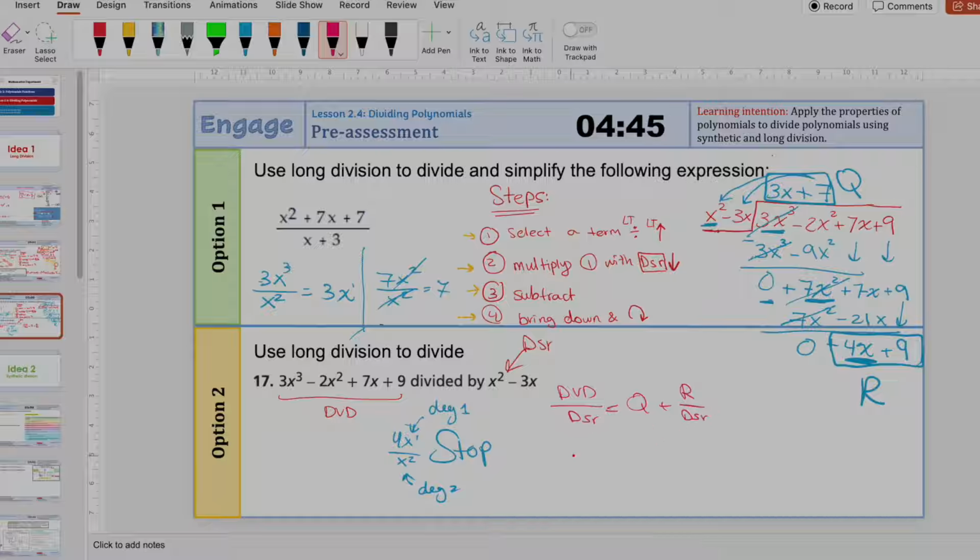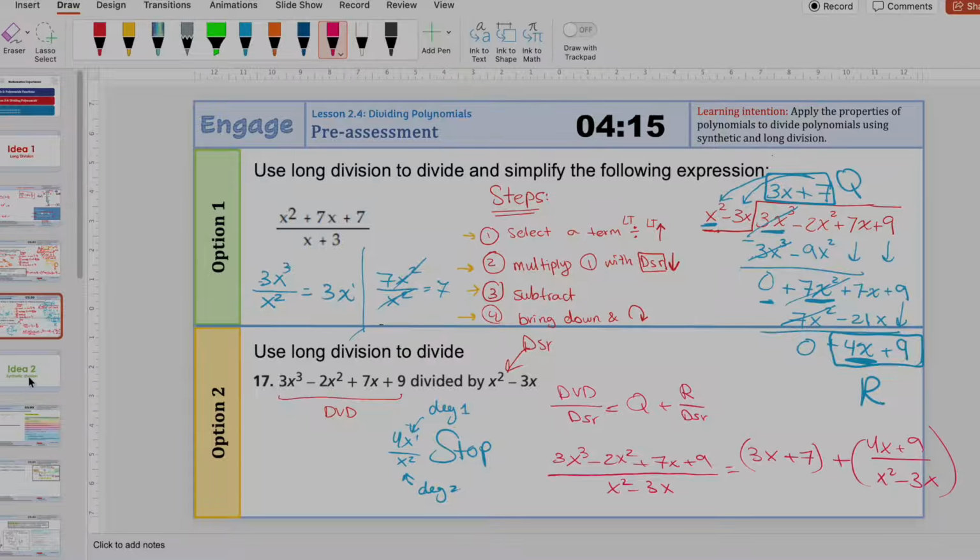Just write down your dividend, which is 3x cubed minus 2x squared plus 7x plus 9 over divisor, which is x squared minus 3x, equals your quotient plus your remainder 4x plus 9 over your divisor x squared minus 3x. That's how you write it.